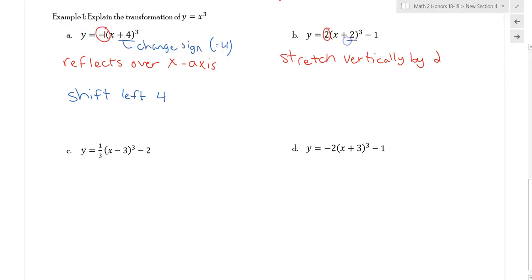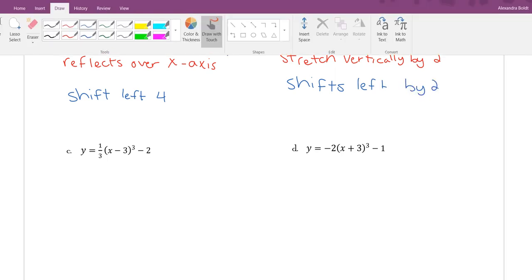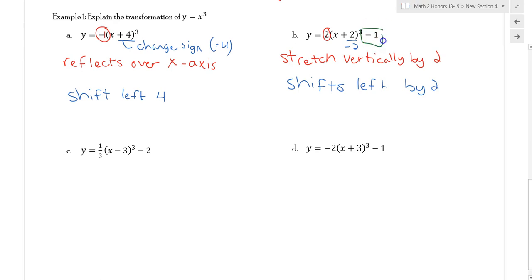This 2 here, again, it's really negative 2, so it shifts left by 2. And then this minus 1, we don't change the sign, so it's down 1.